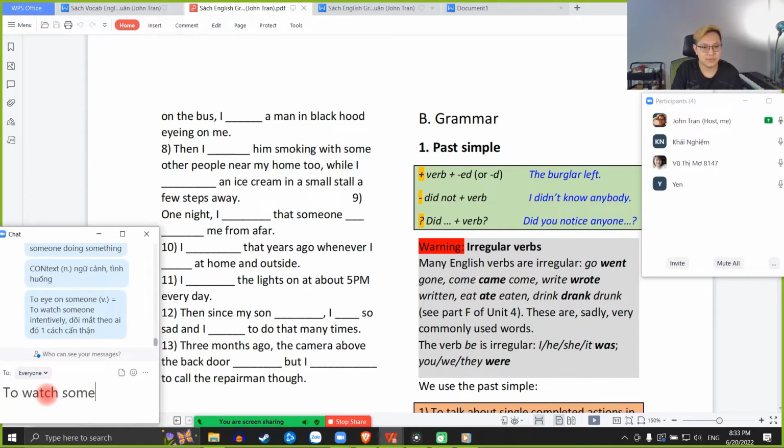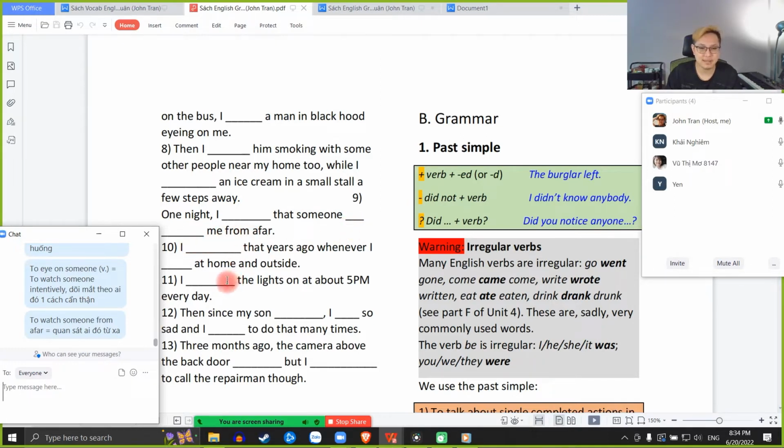To watch someone from afar. Quan sát ai đó từ xa. One night I realized that someone was watching me from afar. Một đêm nào đó, tôi nhận ra rằng một ai đó đang quan sát tôi từ xa.